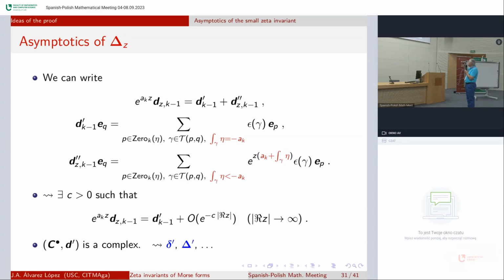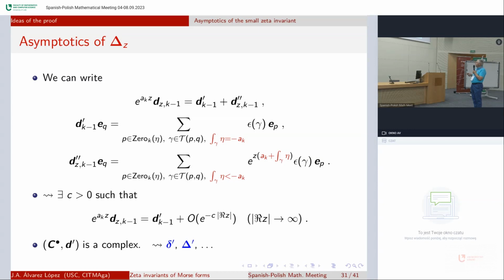This is reached as a maximum, and the other operator is given by the other instantons. And you see that by definition the second part decreases exponentially with respect to the real part of the parameter.